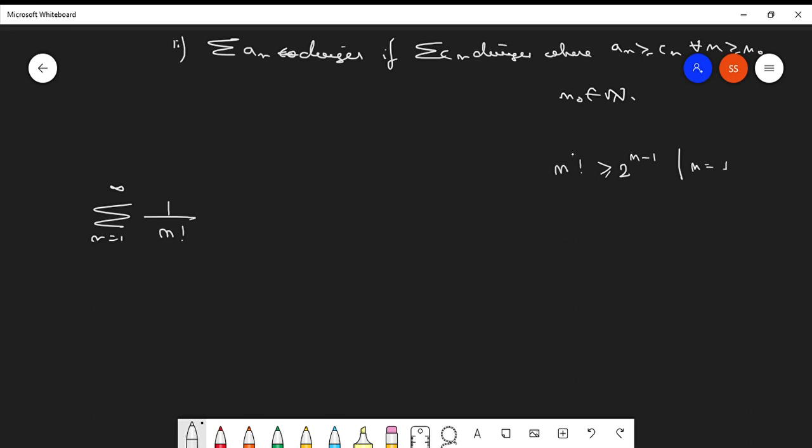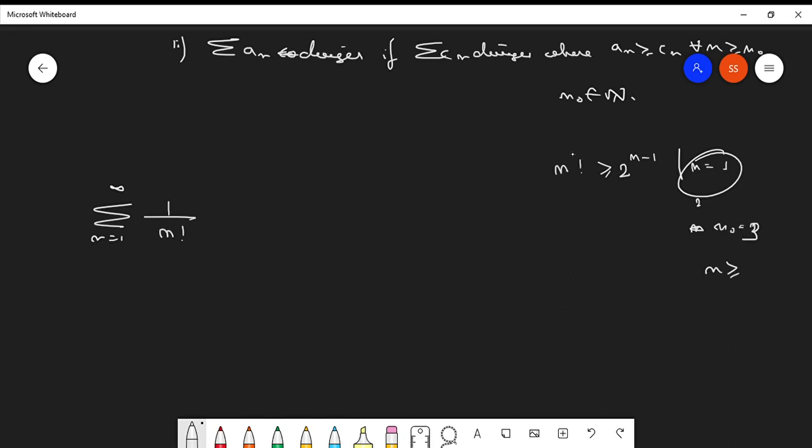For n equals 2 it will be true also: this will become 2, and this is also 2. For 3 this will become 4 and this will become 6. So from 3 onwards it is strictly greater. So we can restrict this to n, and consider n naught as 3.